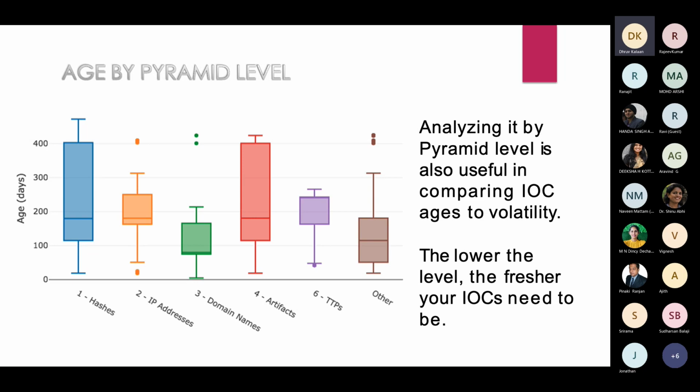So for example, if my hashes change very frequently and the age is high, there is actually no use of that. But if something of TTPs I have is even old, it's fine. But something like IP addresses going plus 180 days to 300 days is extremely old. So again, you will know what type of information you need to start collecting.